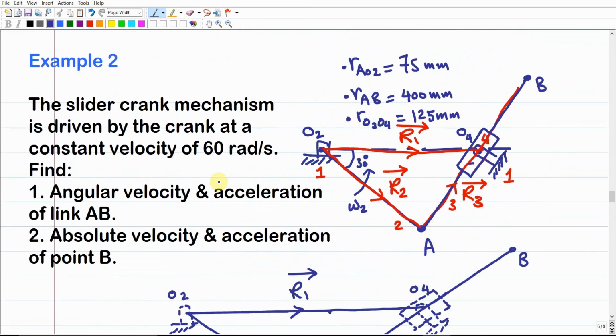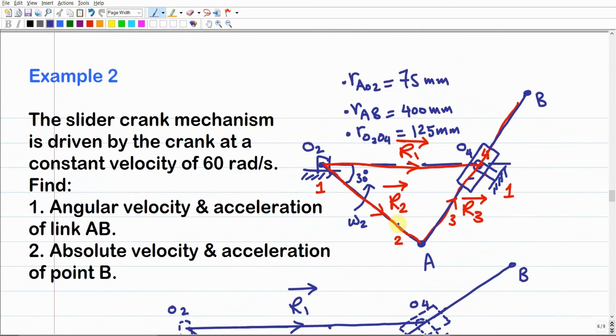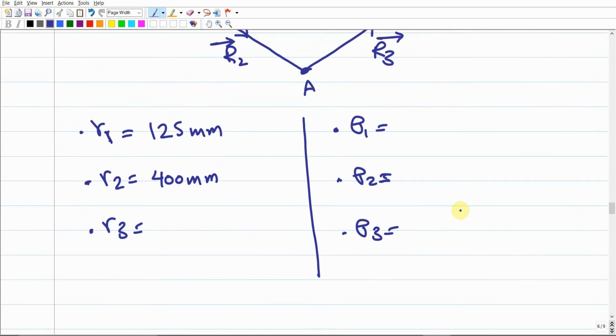But how about the RAO2, I'm sorry, my bad. RAO2 should be 75 millimeter, but the RAB is 400 millimeter. The RAB, we don't need it, we just need A to O4. A to O4, we have no clue how much this value is. So what does it mean? It means that R3 is unknown. R3 here.